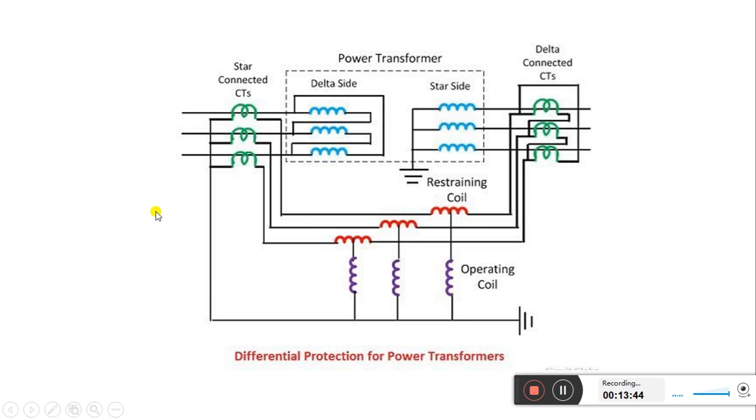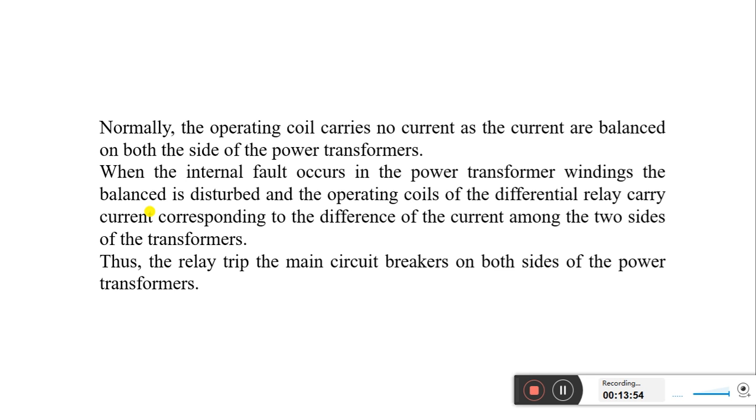So this is the circuit diagram of the delta-star connected transformer winding with the differential protection scheme. Now the operating coil carries no current, as the currents are balanced on both sides of the power transformer.